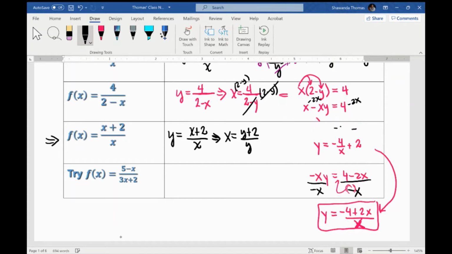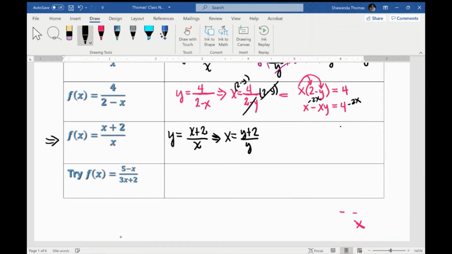Go ahead and multiply by y, so y'all can tell me what to write down. xy equals y plus 2. Very nice. We multiply both sides by y, so now we have xy equals y plus 2 because these y's cancel on the right side.